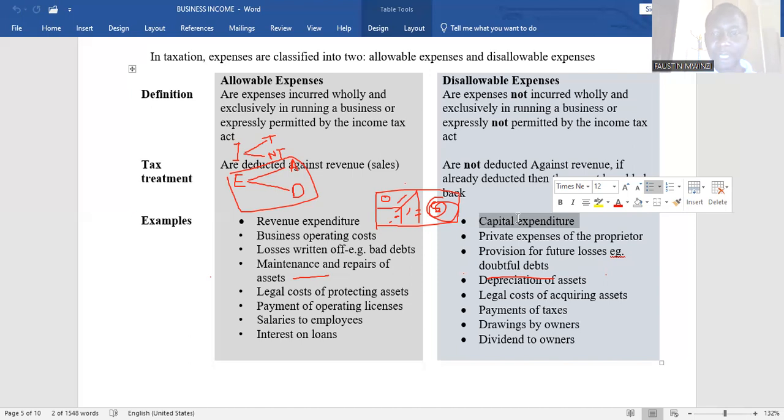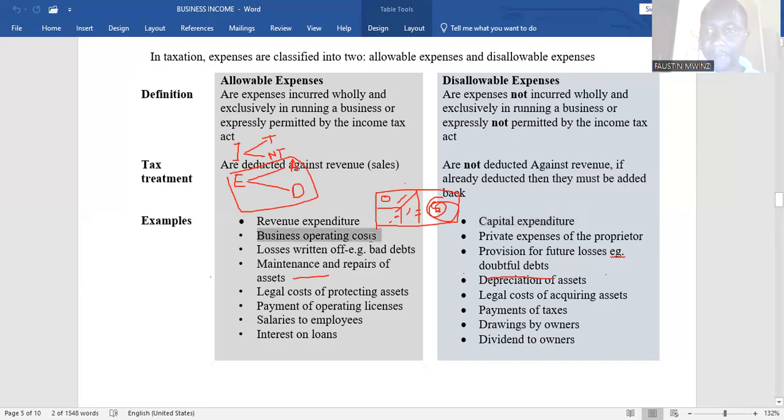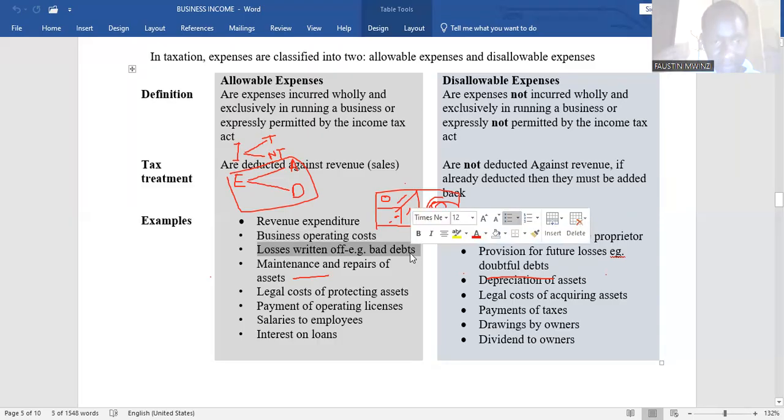Okay, so continuation of this. Allowable expenses. I want you to internalize this. Business operating costs are allowable. Losses written off: when a customer refuses to pay you, you cannot recover, and it reaches the end, you write it off, is allowable.